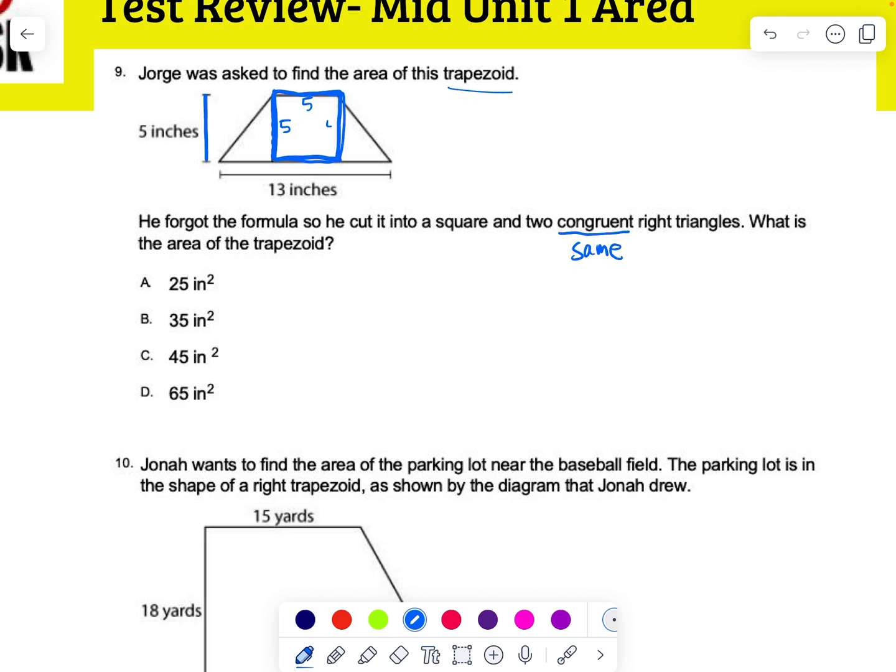So that's 5 and that's 5 and this is 5. So if from here to here is 5, but the whole thing is 13, right? Then if I do 13 minus 5, what does that leave me with? Think about that. What does that leave me with?